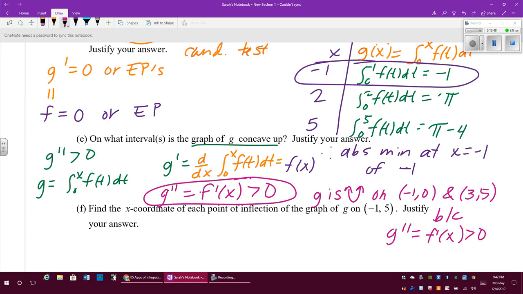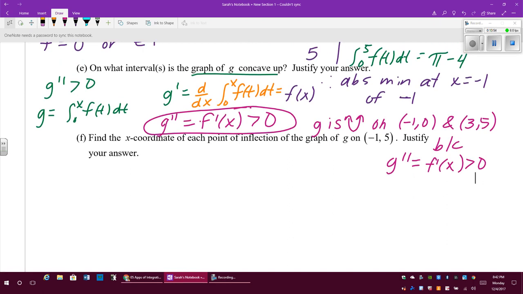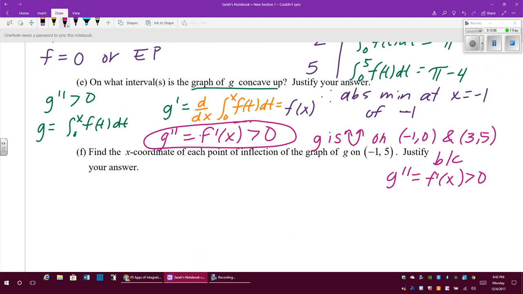Okay? So then how will I find a point of inflection? A point of inflection is where your concavity, g double prime, changes sign.